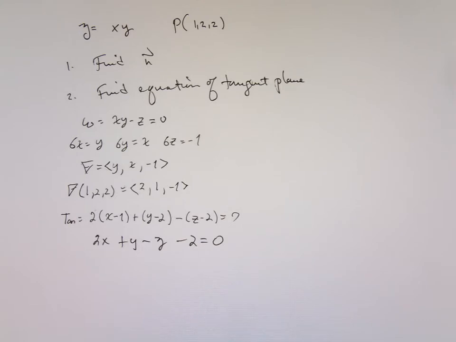Now, what's the direction of the maximum directional derivative? The direction is in the direction of the gradient. The gradient is a two-dimensional vector in the xy plane, pointing in the direction of maximum change. What is the maximum directional derivative?